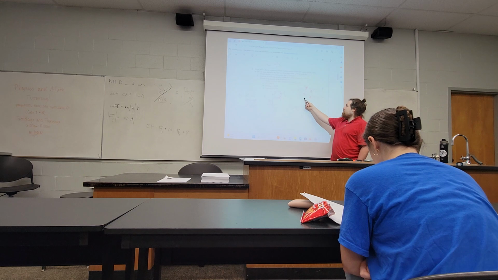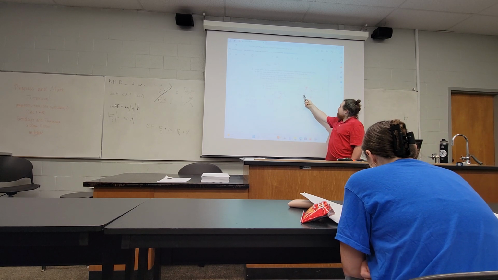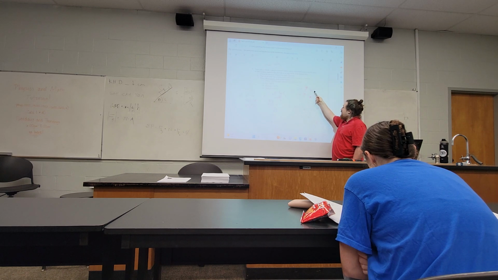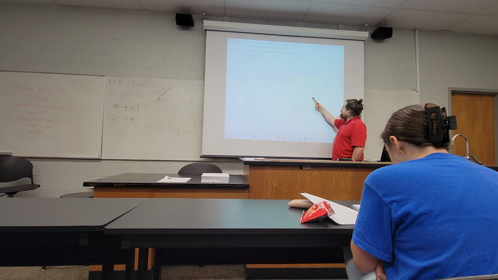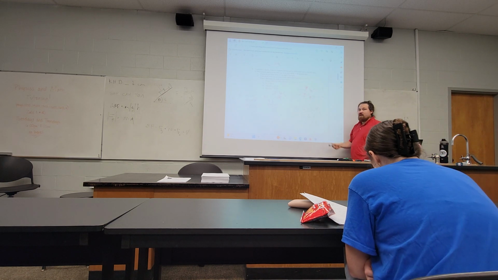So over here, I just did a little bit of trig. Apologies for my awful handwriting. Sine of 45 is the Y leg over 100, and cosine of 45 is the X leg over 100. So F rope Y is 70.7 newtons up, and F rope X is 70.7 newtons forward.